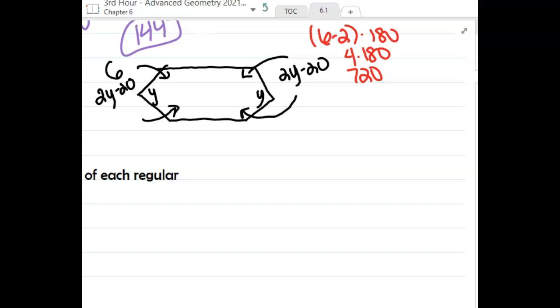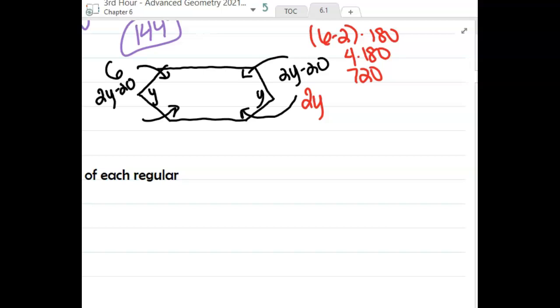I don't know what the actual angle measures are, but I can add all of this together, right? I know that these 2 angles are y. So if I take y plus y, I get 2y. And the other 4 angles are actually the same thing: 2y minus 20, 2y minus 20, 2y minus 20, 2y minus 20.